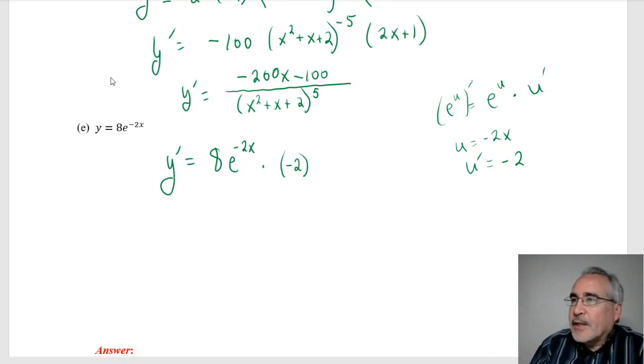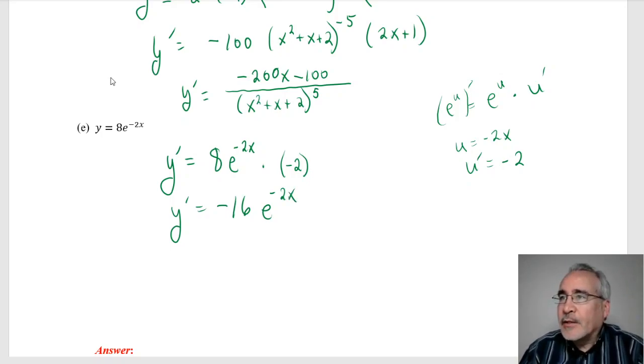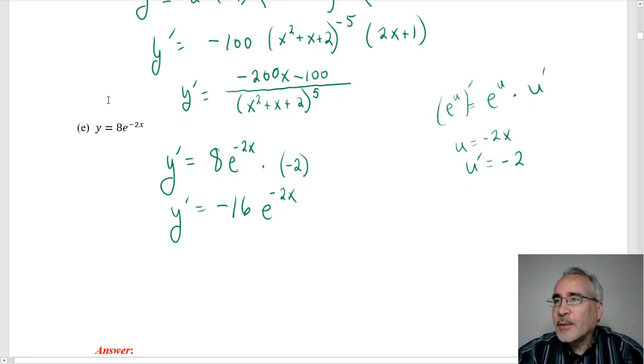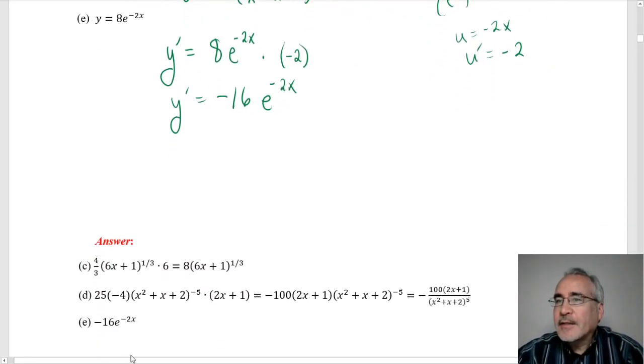Okay. So then we can actually multiply. 8 times 2 is 16, so we got a negative 16 in the front, e to the minus 2x. Okay, don't subtract 1 from this exponent up here. That's not how we take the derivative of exponentials, only of polynomials with constant exponents. Okay, so there it is.